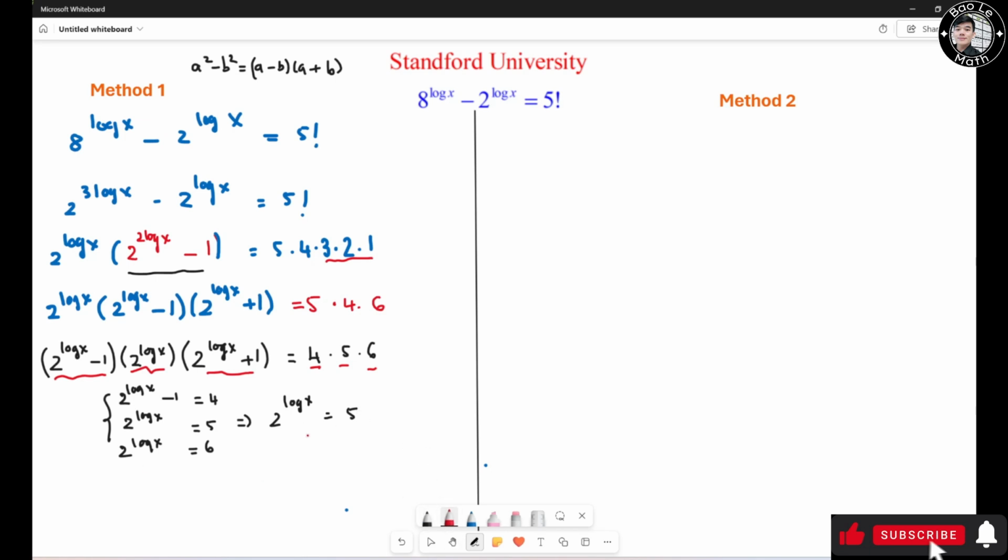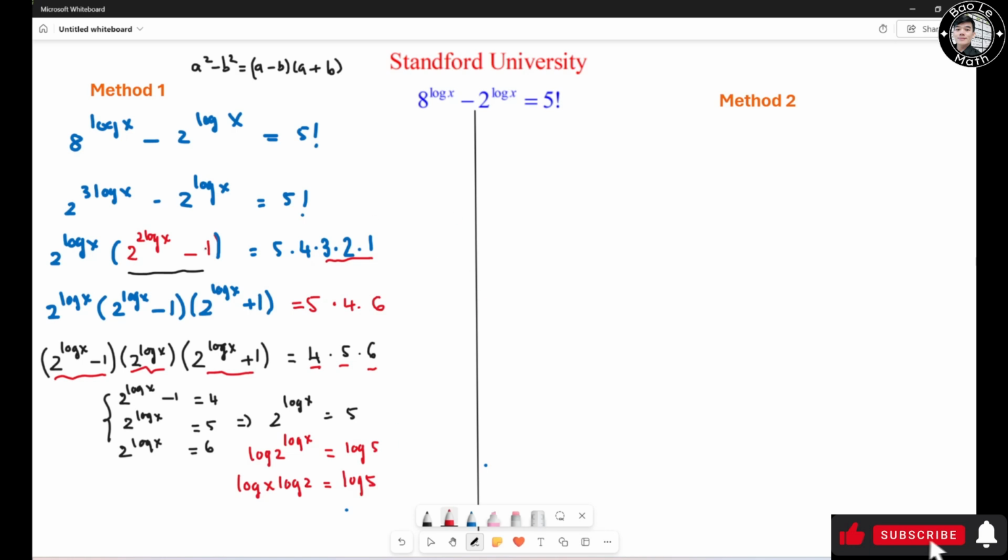So I'm going to take log both sides, so log of 2 to the log s equals log 5, right? So this guy turns out to be log s times log 2 equals log 5, right?